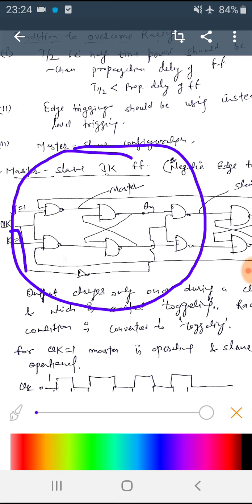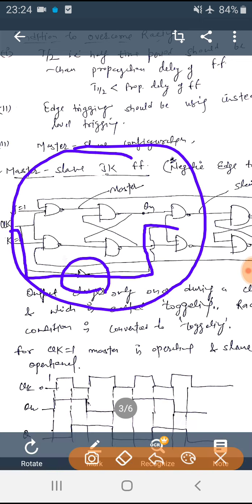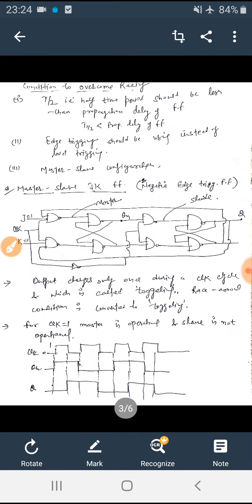We have provided the slave a clock which is the complement of the clock given to master. We are providing it by an inverter. So this is how we can implement a master slave JK flip-flop.